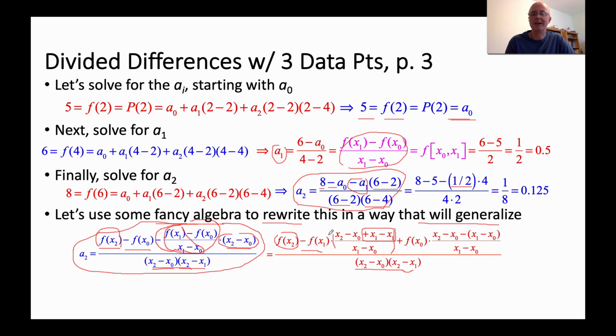Notice this part with the minus sign right here is essentially the same as what I circled over here, including the minus sign. Got the minus sign, you got an f of x1 there, you got an x2 minus x0 in the numerator, and x1 minus x0 in the numerator. Those match. And again, this is not affecting the fraction. So these things are equal.